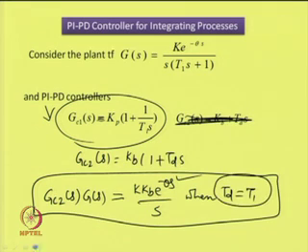Then at the phase crossover frequency, let the frequency be denoted by omega p.